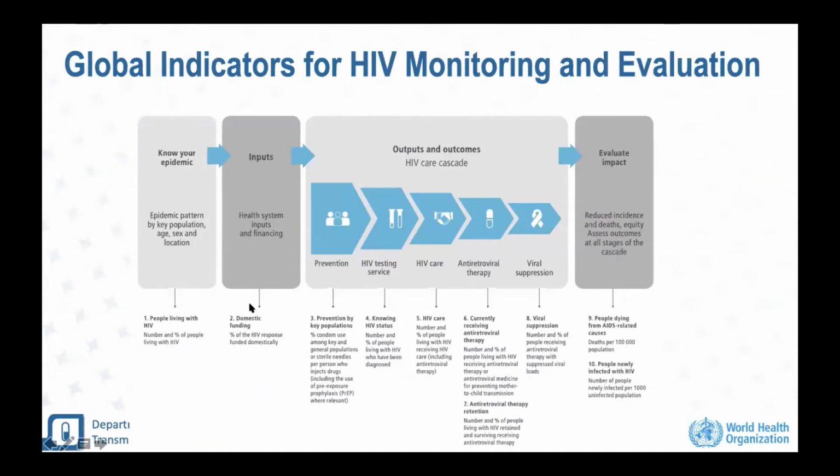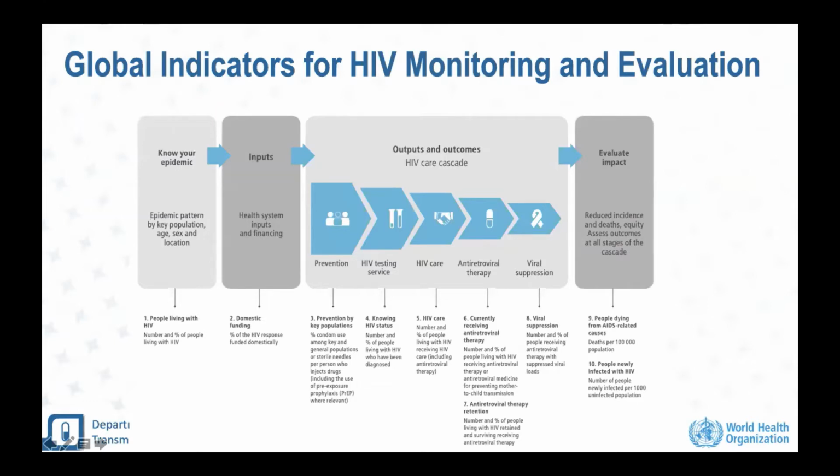So in 2015, WHO published 10 global indicators for HIV monitoring and evaluation. I'll just highlight a couple of these indicators which are relevant to HIV viral load testing. So first, of course, you need to know the number of people living with HIV.